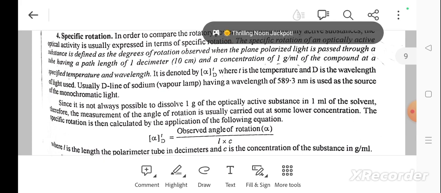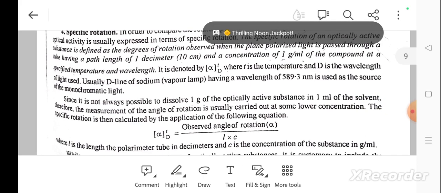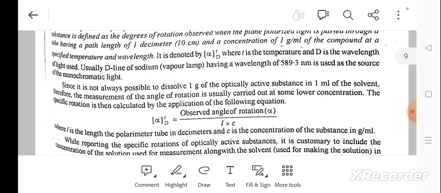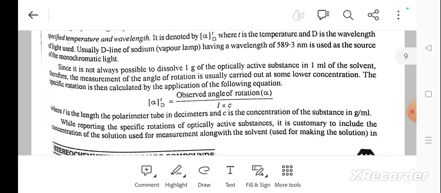It is denoted by alpha, where T is the temperature and D is the wavelength of the light used. Usually the D line of sodium, having a wavelength of 589.3 nanometers, is used as the source of monochromatic light.